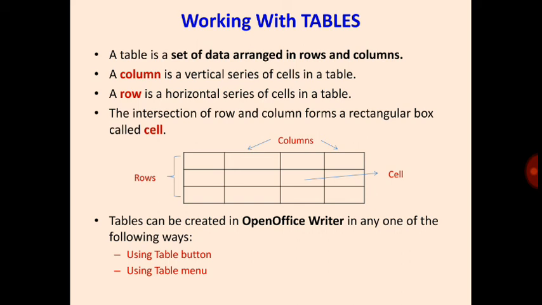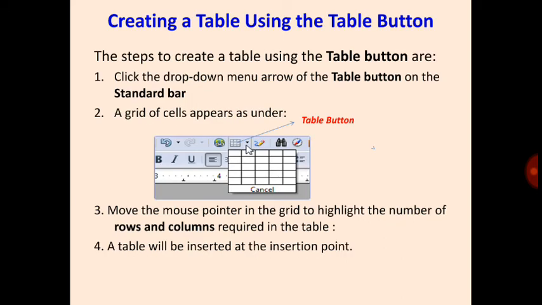Tables can be created in OpenOffice Writer in any one of the following ways, either using the table button or using the table menu. Now let us see how we can create a table using the table button. For this, we click the drop down menu arrow of the table button on the standard toolbar.